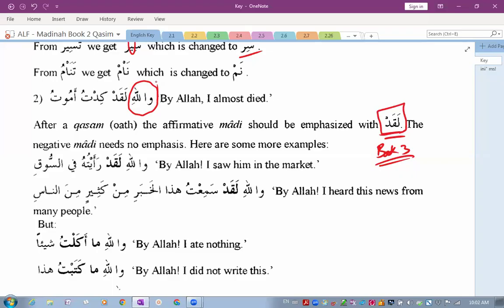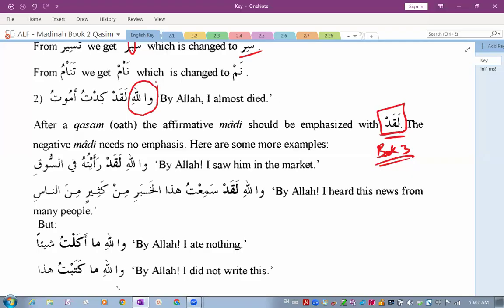And the lam is what we call the lam occurring in the jawabul qasam. We will learn more about this in Book 3, inshallah.